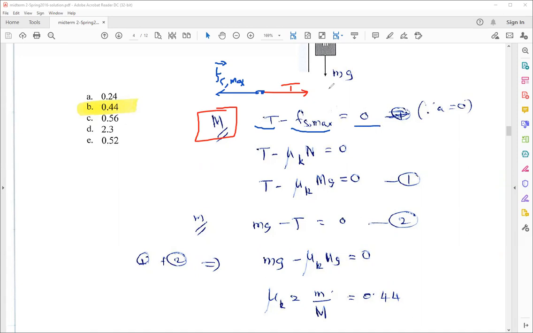Which means tension minus, remember, maximum static friction is equal to the coefficient of static friction, so this is an S here.